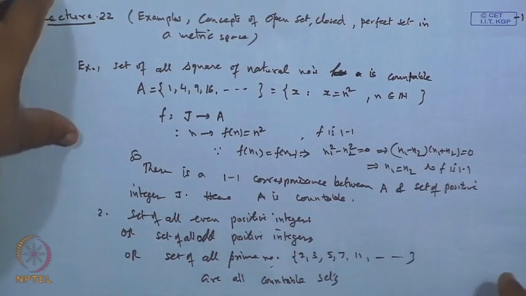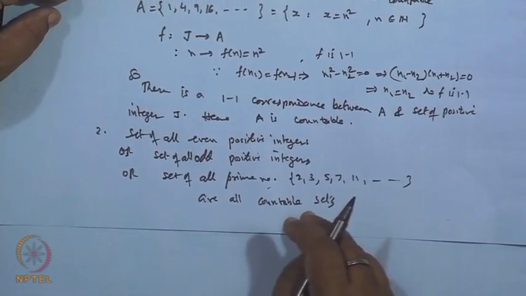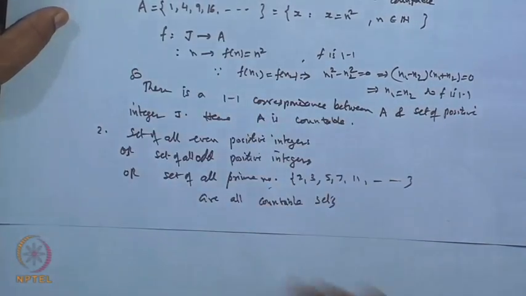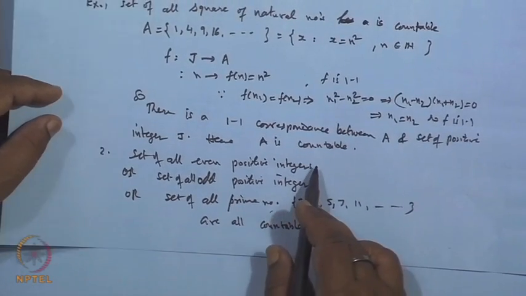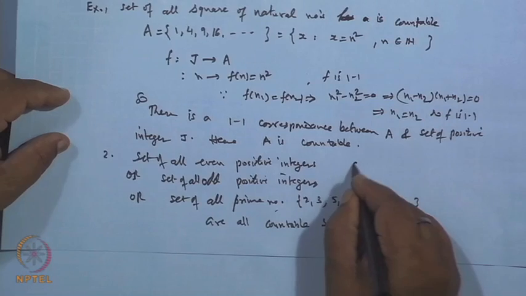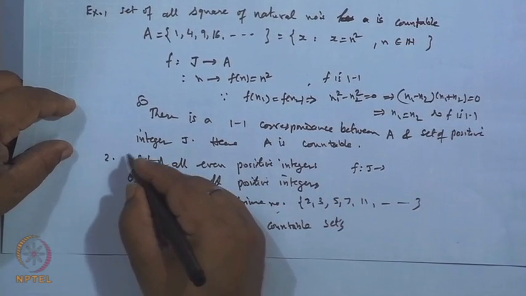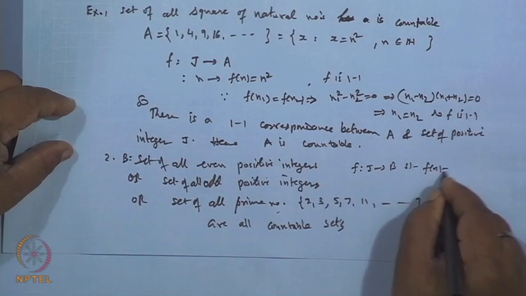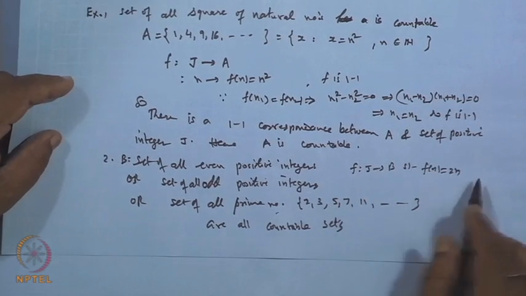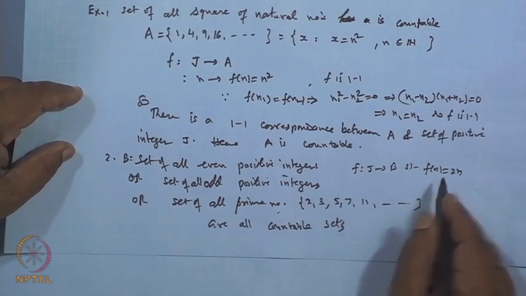Which can be easily shown by drawing a mapping from this set to the set of natural numbers. For even positive integers, a mapping can be defined from J to this set, say B, such that f of n is equal to 2n. Then this is a 1-1 mapping and onto. Similarly, for odd integers, 2n plus 1, and like this.